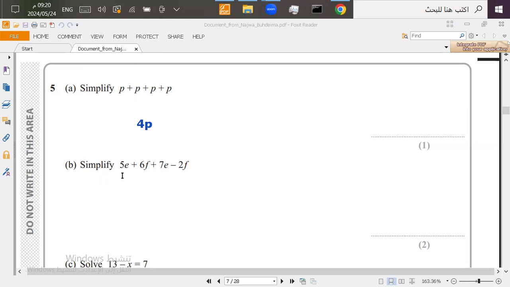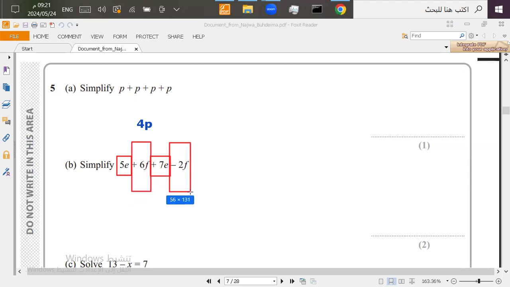Now let's simplify these. Same idea. I'm going to look for the like terms. So 5E and 7E are the same. They are like terms, so I'm going to add them together. And then I have 6F minus 2F.